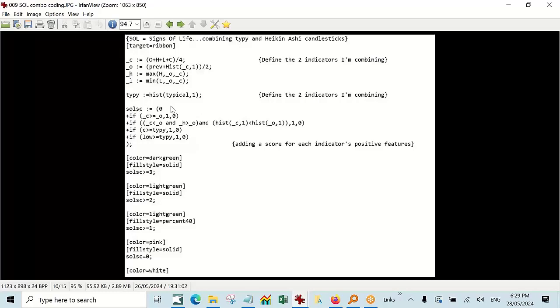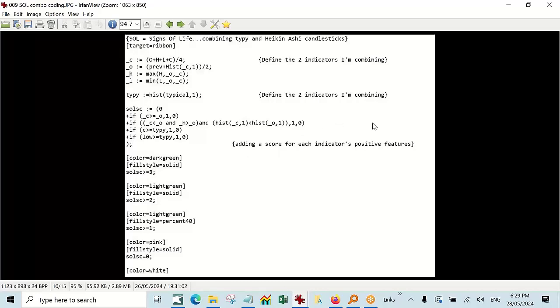I've called it Sol score, and this is the formula, equals 0 plus if the Heikin Ashi close above the open, 1 point, otherwise nothing. If it's one of those high wick ones, 1 point, otherwise nothing. If the close is above the tippy, 1 point or nothing. If the low is also there, an extra 1 point. So adding a score for each indicator's positive features.